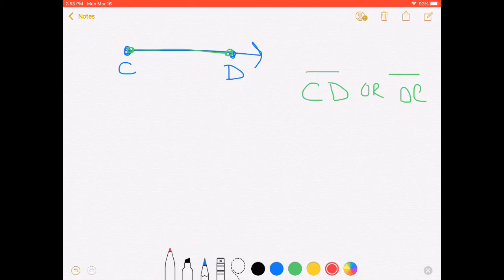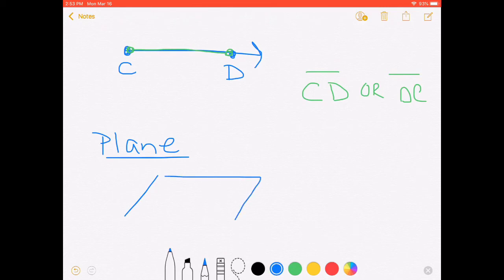One thing we didn't talk about on Friday were planes. So a plane, an example of a plane in real life would be like the surface of a table that goes on forever in all directions, or a piece of paper that goes on forever in all directions. The way you name a plane is with any 3 points on that plane. So there can be several ways to name the same plane.